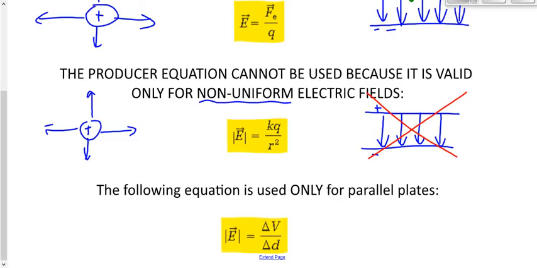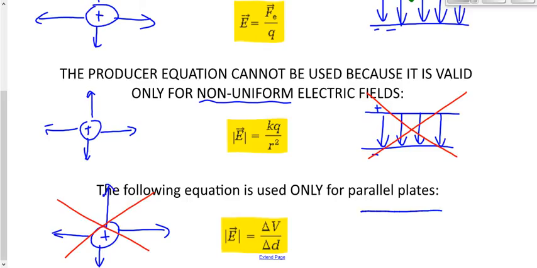This is the one that's good only for parallel plates, only for uniform electric fields. In other words, if I have a non-uniform field like this, like I had last week and like I had earlier on today, I cannot use this new equation for it. But if I have my parallel plates or something that's like parallel plates that approximates a uniform electric field, then I can use it.